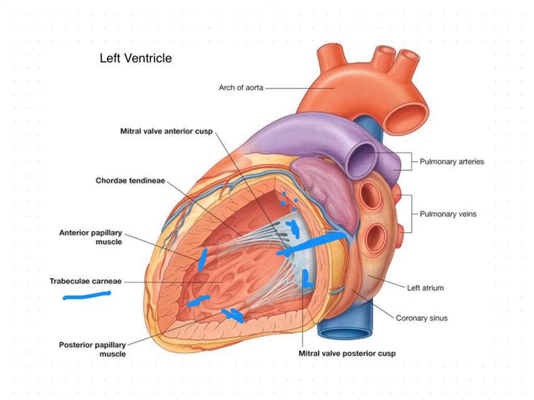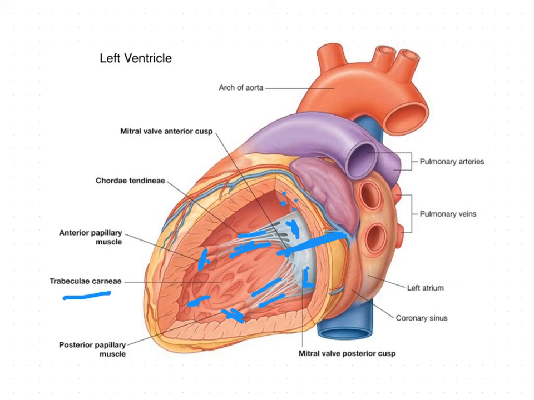The anterior papillary muscle is connected to the anterior cusp of the mitral valve by a structure called chordae tendineae, and the posterior papillary muscle is attached to the posterior cusp of the mitral valve by chordae tendineae.